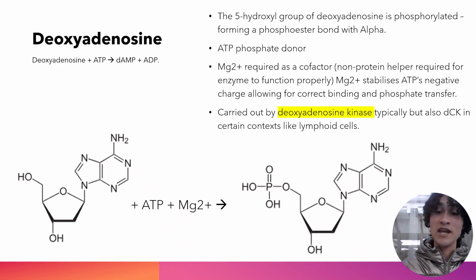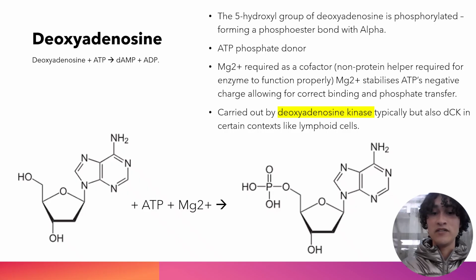So ATP is the one that's coming out changed, along with the deoxyadenosine. We get our deoxyadenosine monophosphate and adenosine diphosphate as a byproduct. Magnesium is not indicated as a byproduct, not because it's used up, but because it's not consumed. It just acts as a stabilizer.